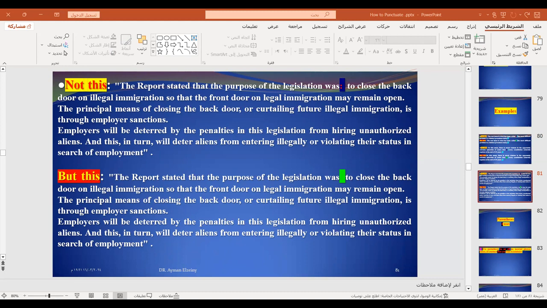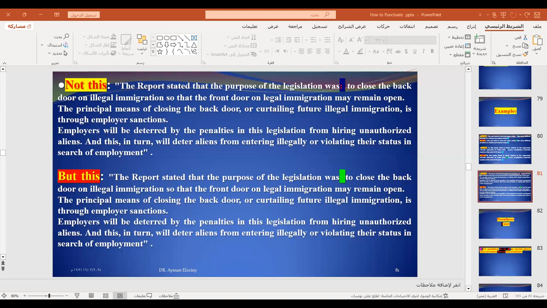Employers will be deterred by penalties in such legislation from hiring unauthorized aliens. And this in turn will deter aliens from entering illegally or violating their status in search of employment.